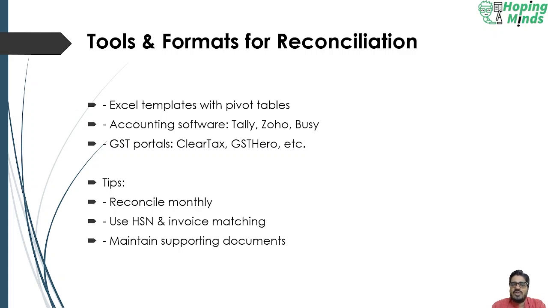Then accounting software integration like Tally, Zoho, ClearTax reconciliation tools and other third-party apps that are available for reconciliations. Then automated matchers. Some portals offer auto matching tools to import GST files and compare with the books.